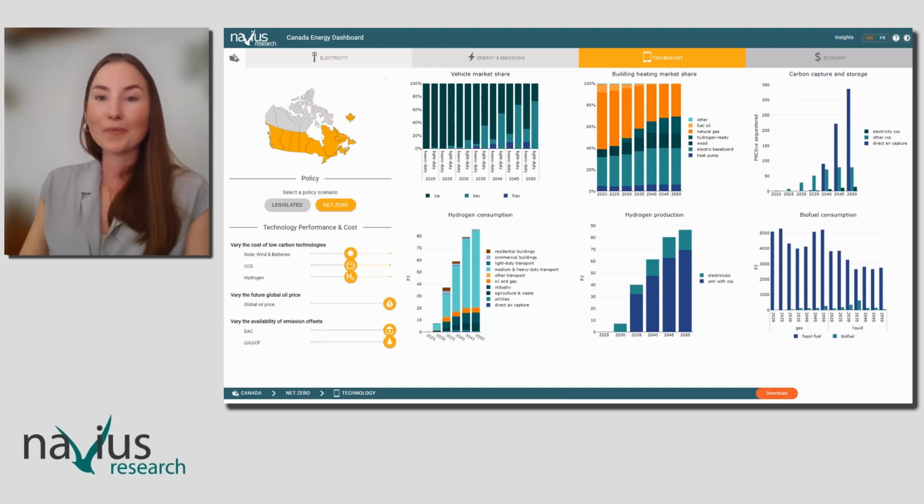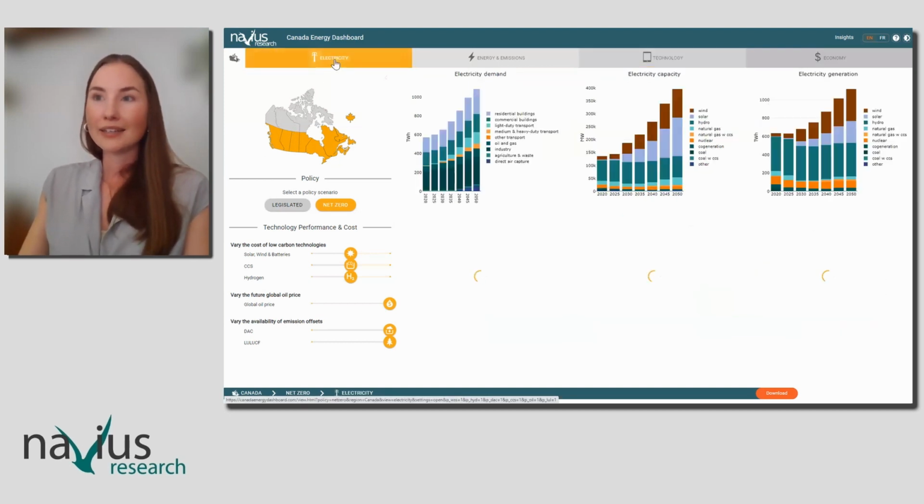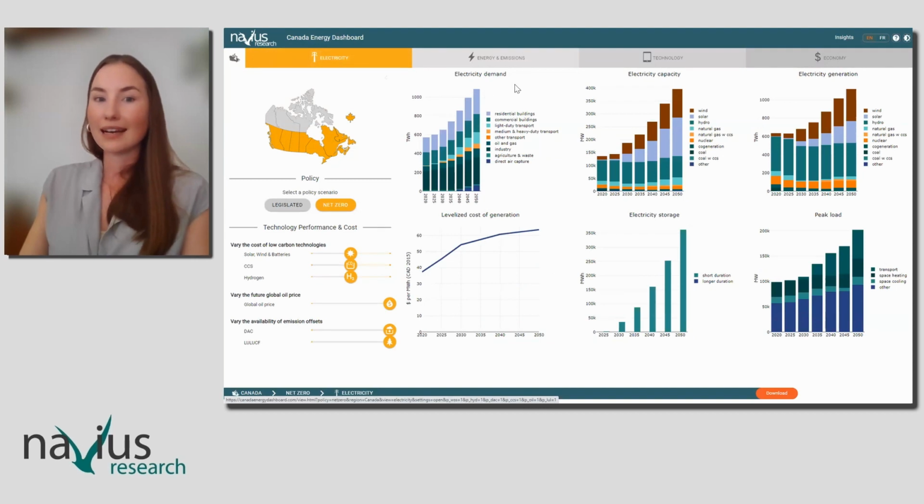We can also go back to the electricity dashboard. And here we see that there is slightly less electricity demand economy-wide when direct air capture is available. But this is not as much of a reduction in electricity demand as you might expect based on the lower adoption of technologies like EVs and heat pumps. And that's because we now have this portion of electricity demand coming from the direct air capture sector itself.